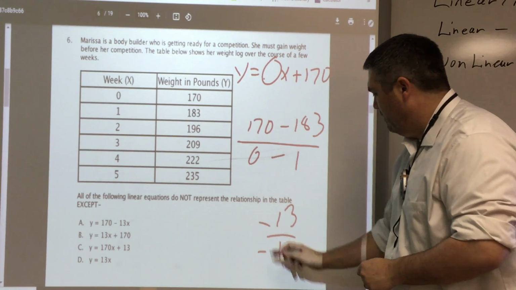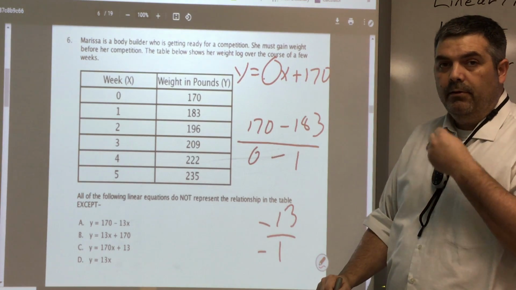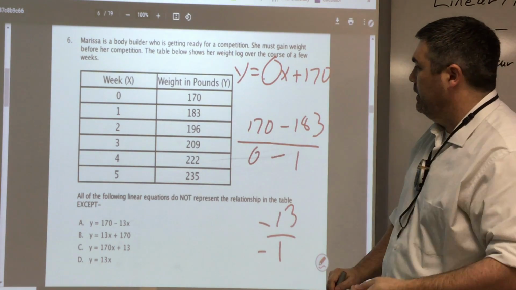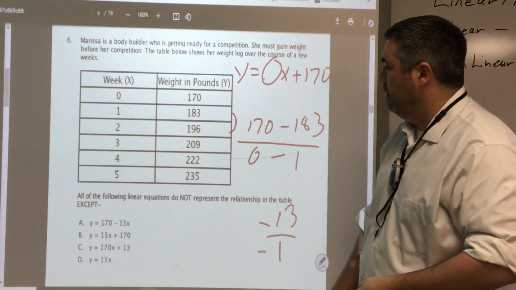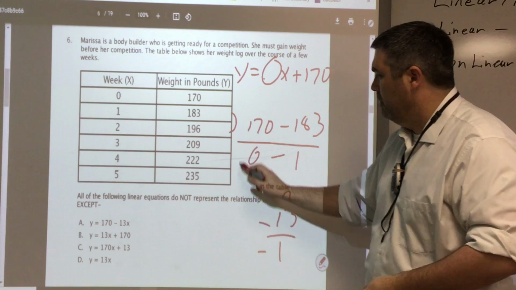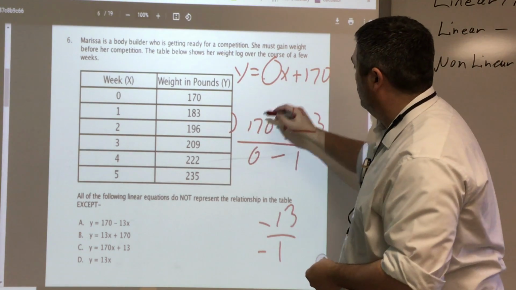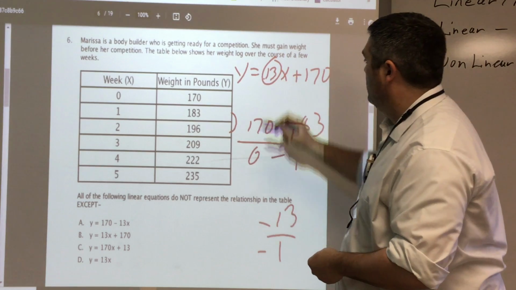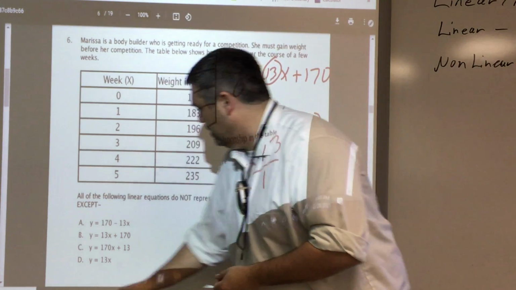Negative over negative gets you a positive, so we have 13 over 1, so we're going up 13 pounds each week. And if you look, we got the same thing going on there, same thing there, and so on and so forth. So our rate of change here is 13x plus 170.